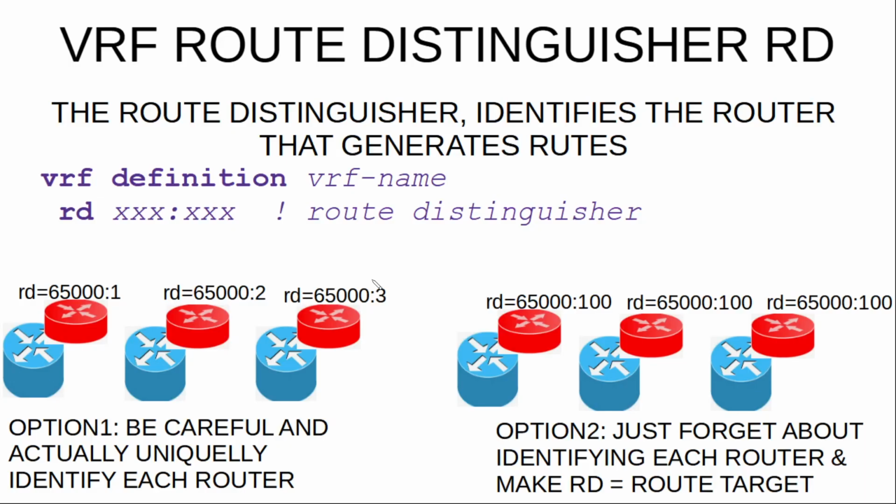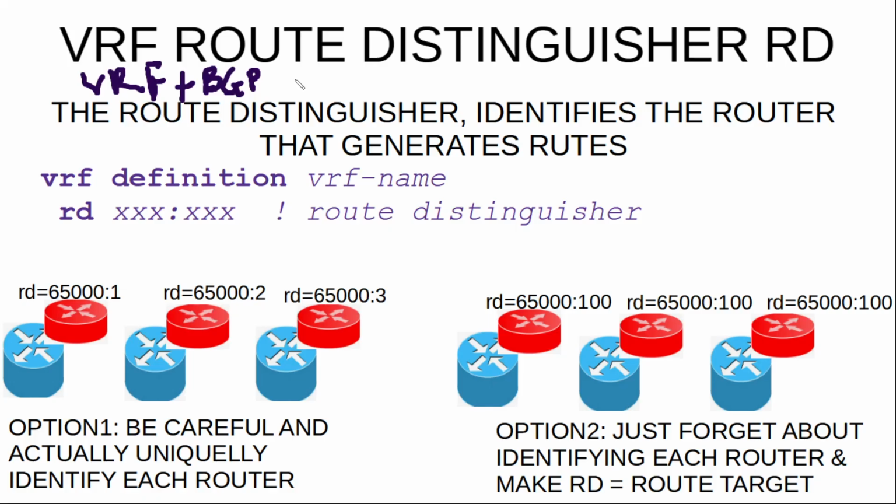Now, let's talk a little bit about two concepts here that are known as the route distinguisher and the route target. So in this case, something interesting happens if you mix VRF with BGP. You can do very interesting things when you mix VRF Lite with multiprotocol BGP.